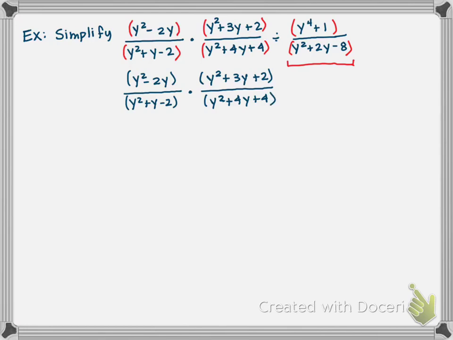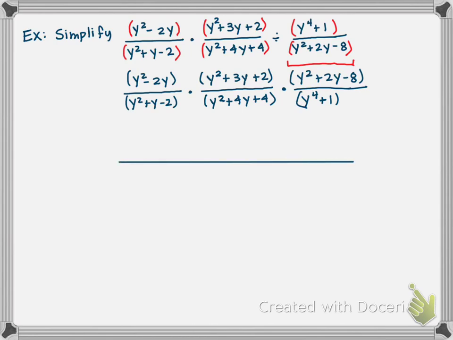So those ones I just copied. And then I'm going to multiply by the reciprocal of this one. So y squared plus 2y minus 8 and y to the 4th plus 1. Now it's one big line, and I'm going to factor everybody in sight.